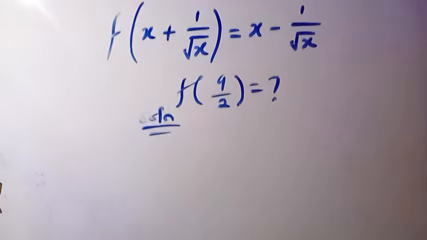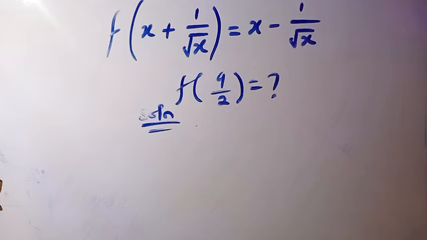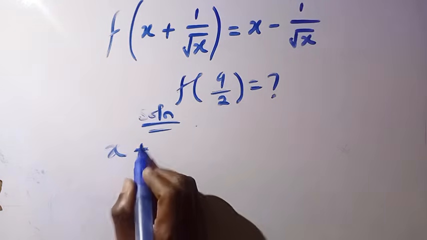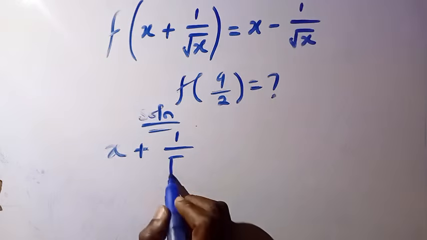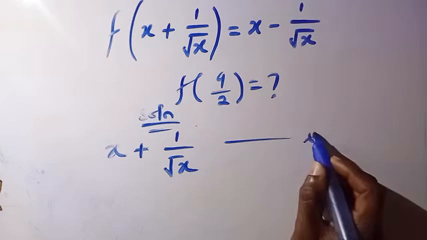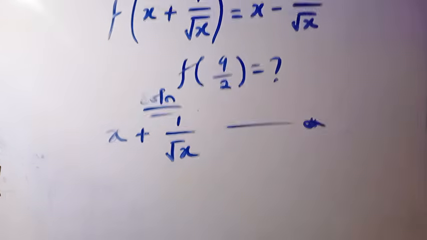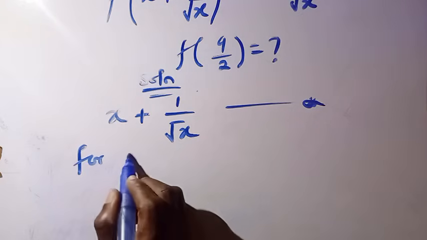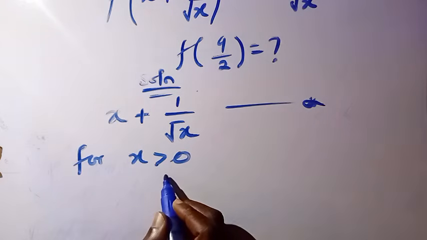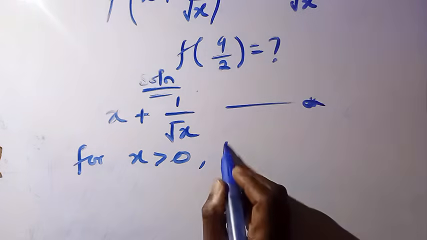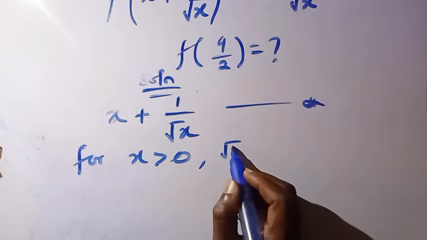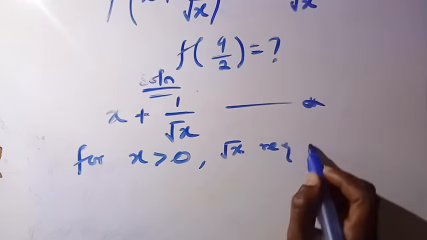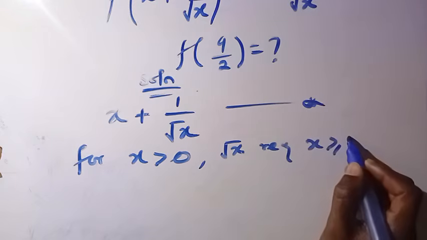The first question we are going to ask ourselves is, looking at what we have at the input, which is x plus 1 divided by root x. We have to note that for x greater than 0, we are going to have the square root of x here. So it requires x greater than or equal to 0.